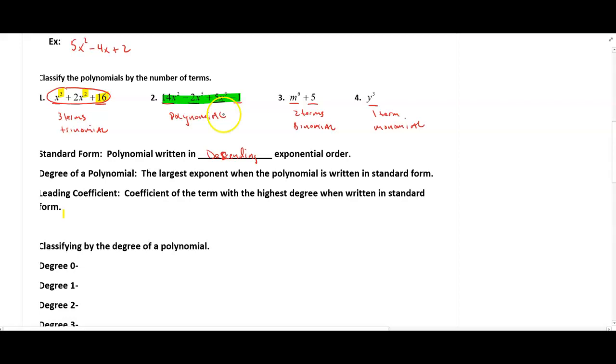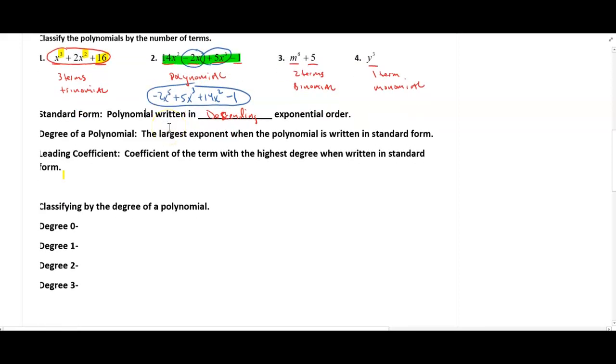Okay, how do I write this one in standard form? Well, the highest exponent is here, so that term is going to be written first. Negative 2x to the fifth. I always take the sign to the left. Then it's going to be 5x to the third, so plus 5x to the third, plus 14x squared minus 1. Okay, so that's considered standard form.